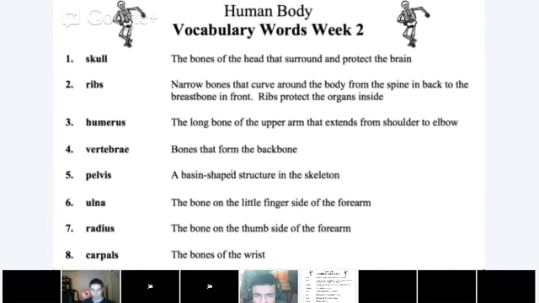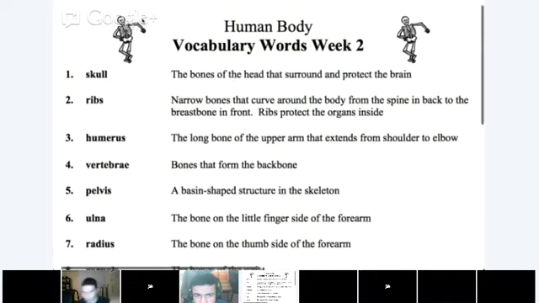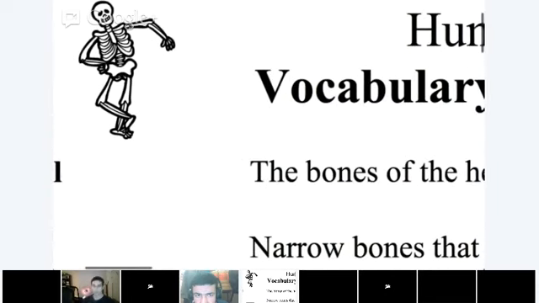So the humerus is the long bone of the upper arm that extends from the shoulder to the elbow. That's pretty self-explanatory. If you look at my screen and see this little skeleton on top, it's this bone right here. Let me make it a little bigger. This bone here is called the humerus.